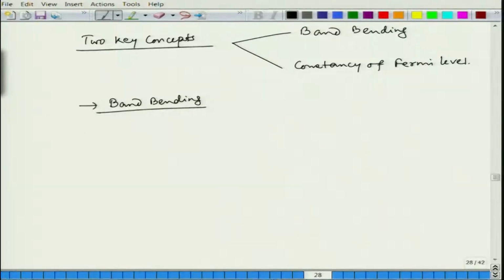Now, intuitively you can think of, for drift current we need a field, right, that we already talked about. It is a field driven current which is called drift current. Now, what is electric field?